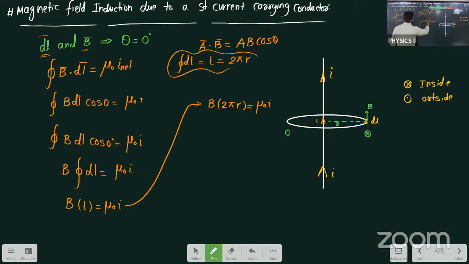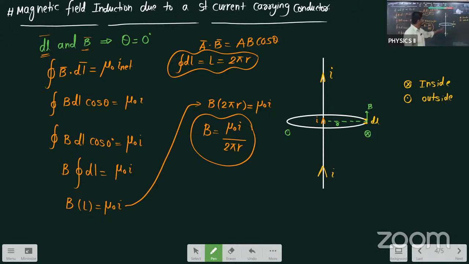So B is equal to mu naught I divided by 2 pi r. This is our final answer. This is the formula for magnetic field induction due to a straight current carrying conductor or wire.